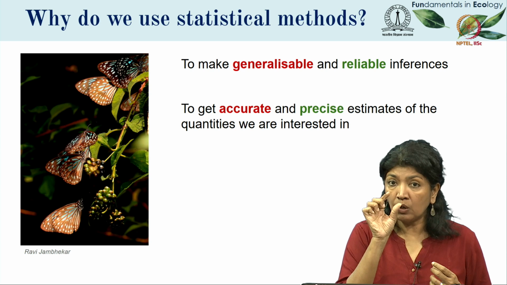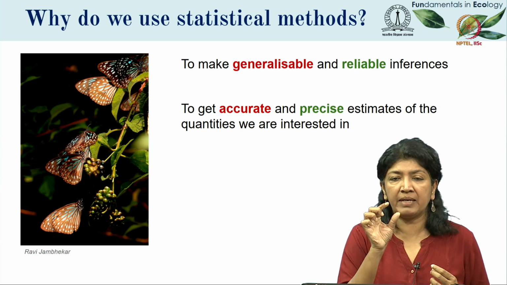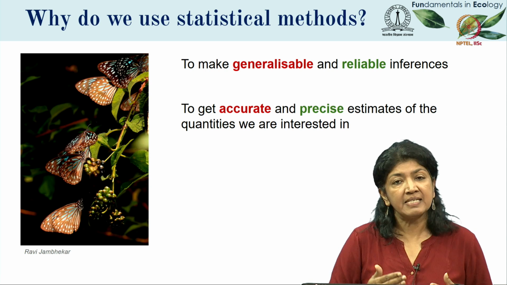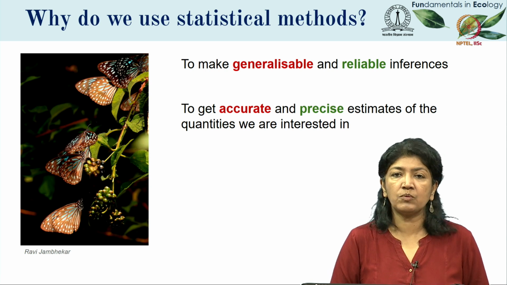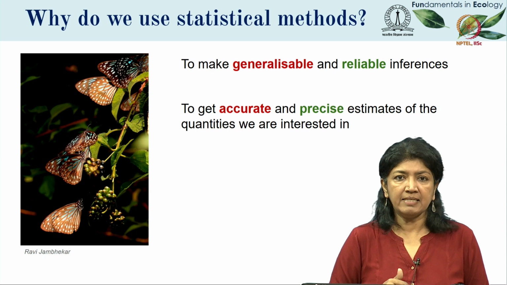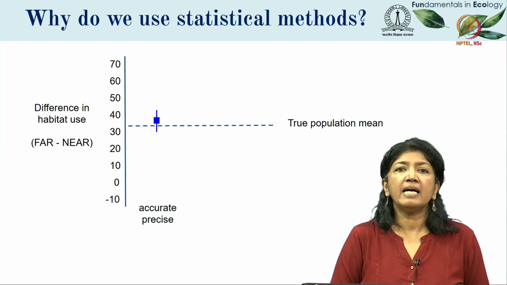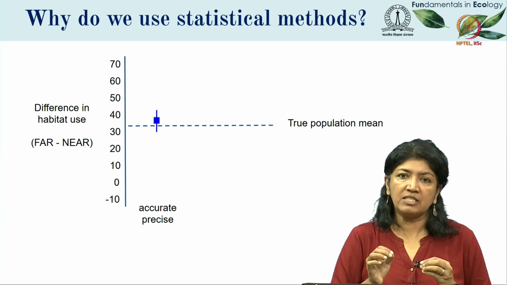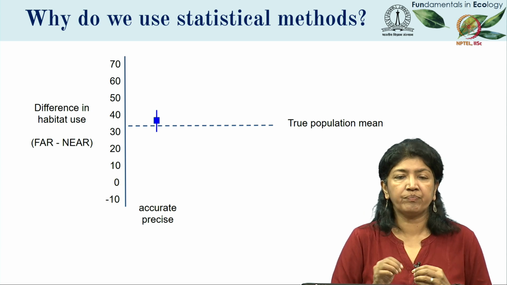We would be able to locate that population parameter well. So, we want accurate and precise estimates of the quantities we are interested in. Before we go on to these quantities, let us talk about this accuracy and precision in greater detail.